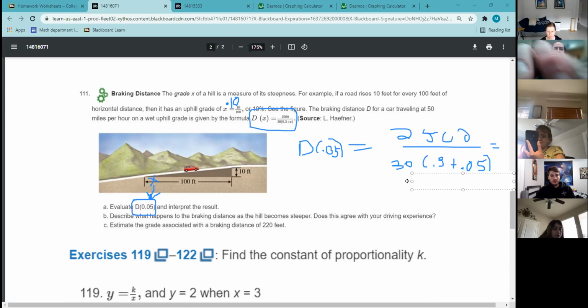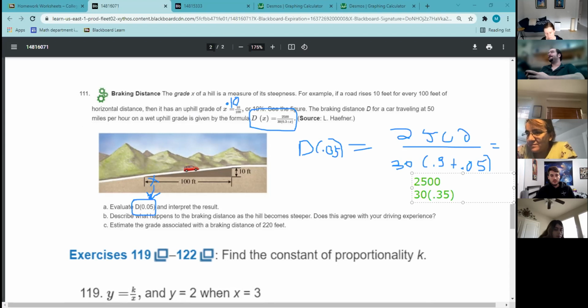So 2,500 on top, over 30 times 0.35, I believe. I'm getting something like 238.095, 2381, somewhere around that ballpark. Let's go three decimal places: 238.095.